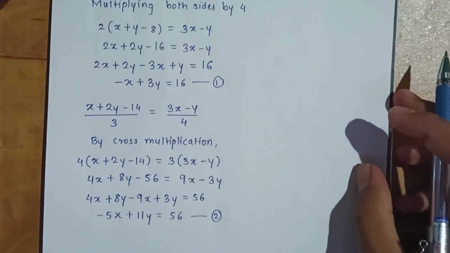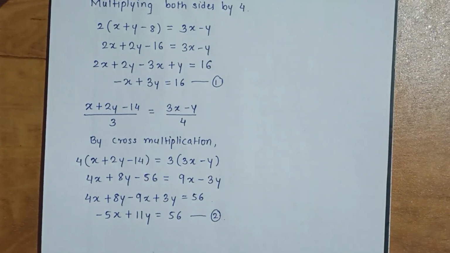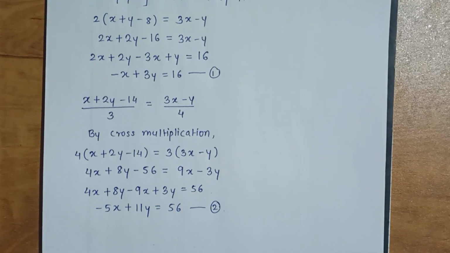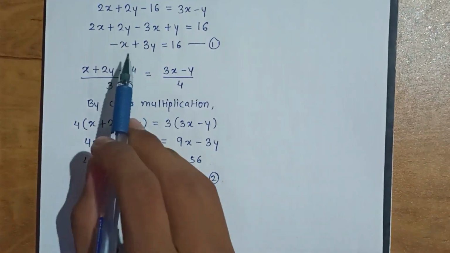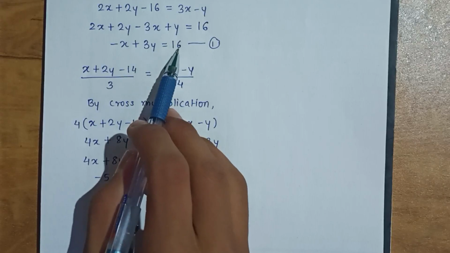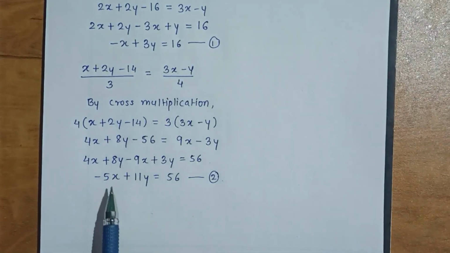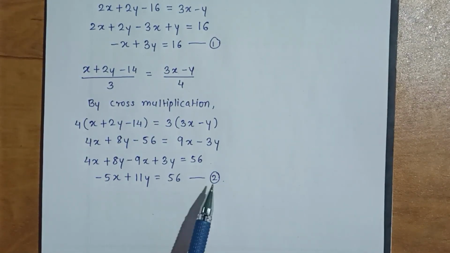Now we have to solve this by Cramer's rule. So we will just take the values of a1, b1 and c1 from equation number 1, and a2, b2 and c2 from equation number 2.